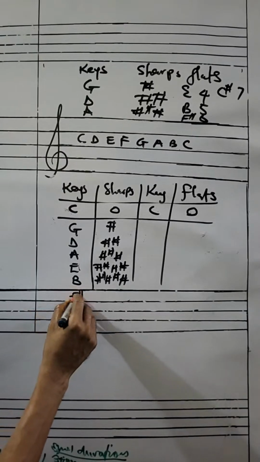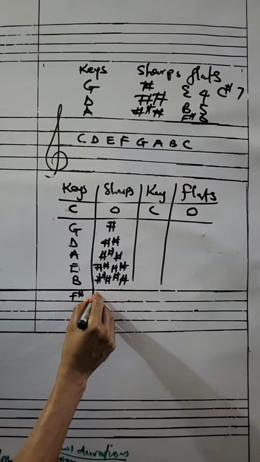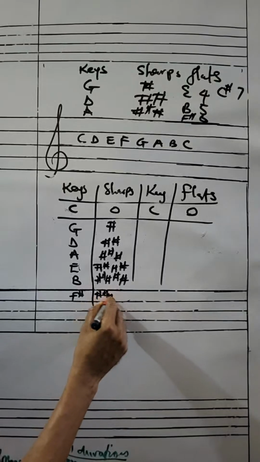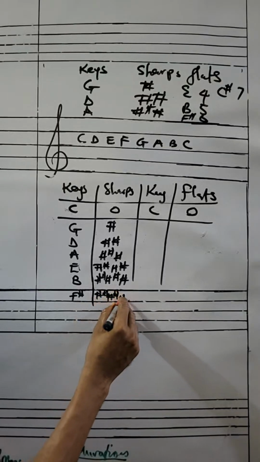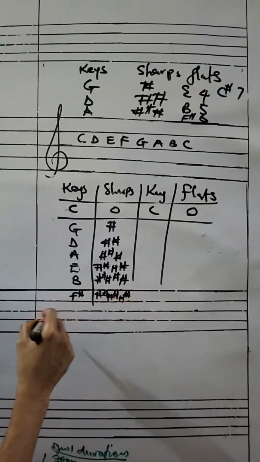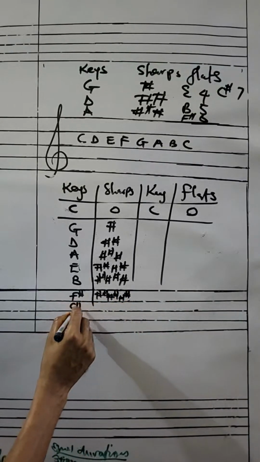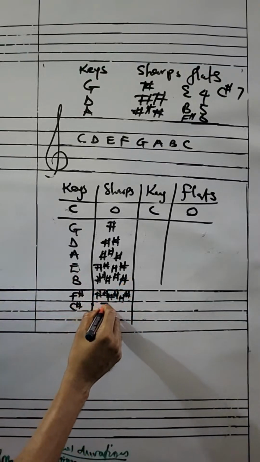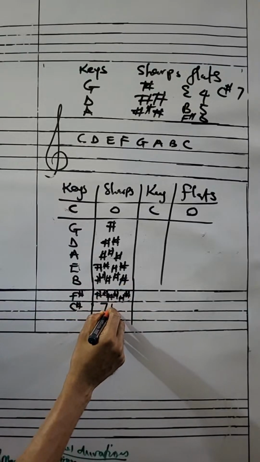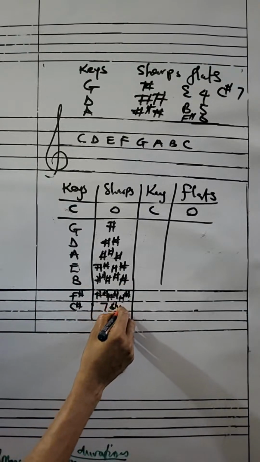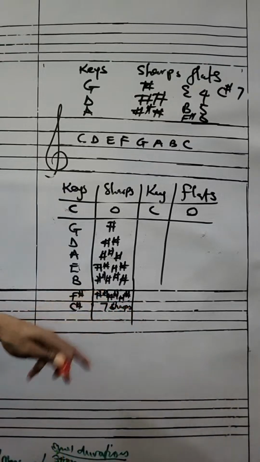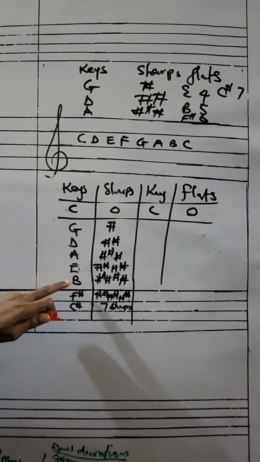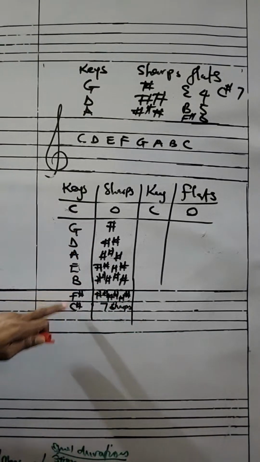F sharp is equal to 6 sharps. 1, 2, 3, 4, 5, 6. And my C sharp is equal to 7 sharps. So these are the sharps. Your G has 1 sharp, D, A, E, B, F sharp, and C.